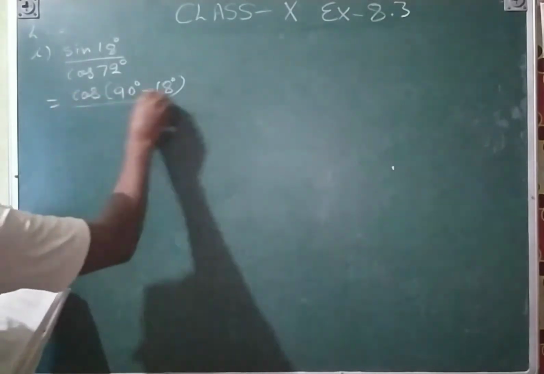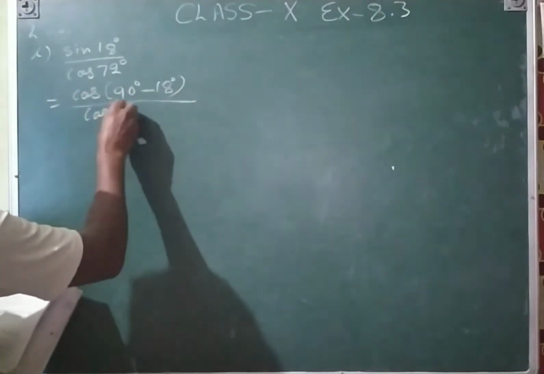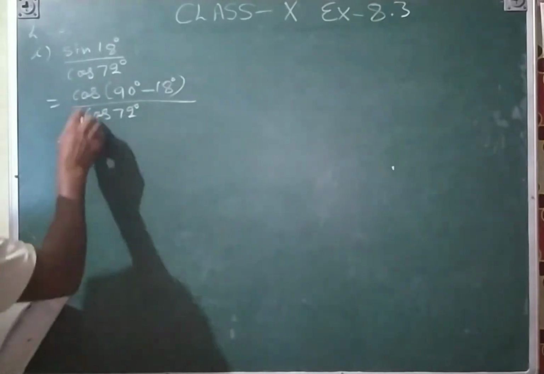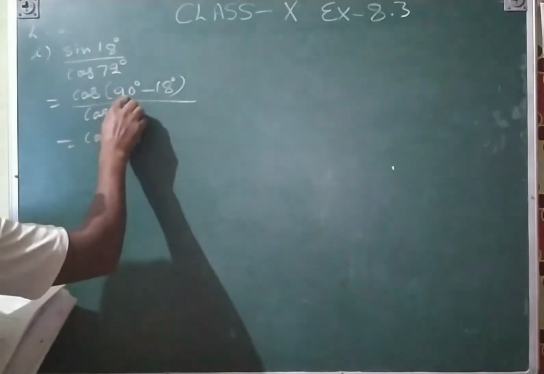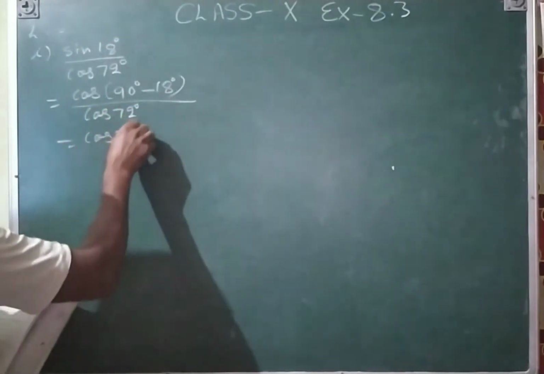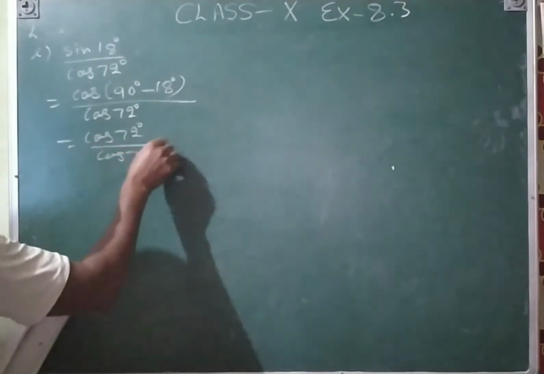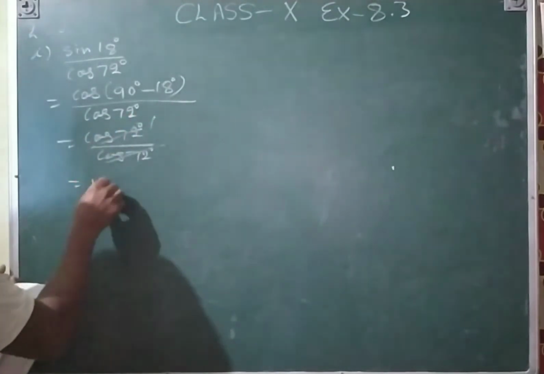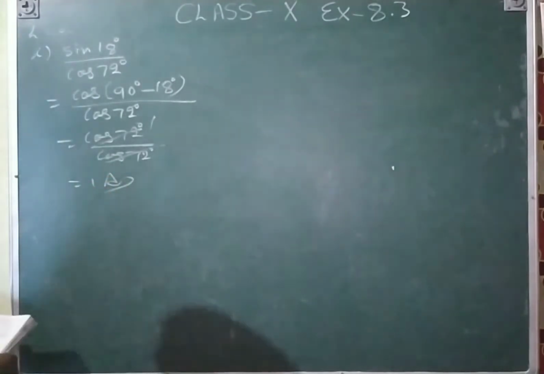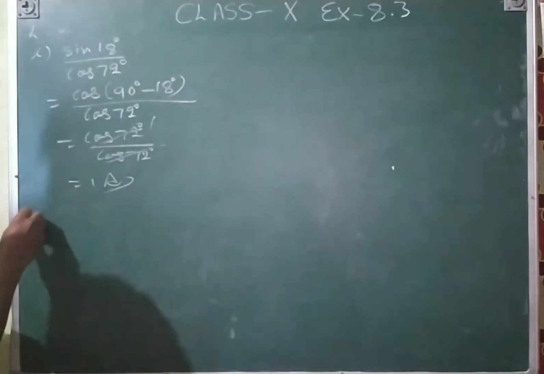So cos 72 degree, and cos (90 minus 18) is equal to 72, so cos 72 cancels with cos 72, and we get 1. So 1 is the answer.